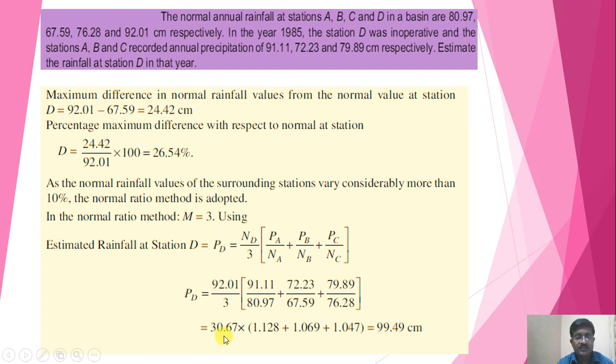Solving this, 30.67 multiplied by the sum in the bracket is calculated. So the estimated rainfall at station D, PD, is equal to 99.49 centimeter in 1985.